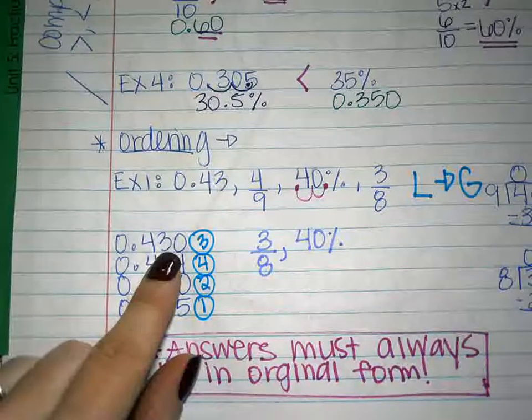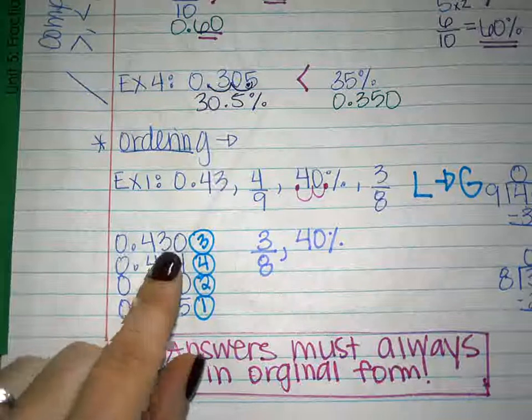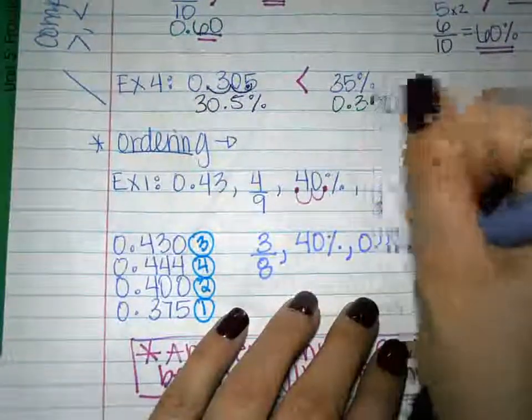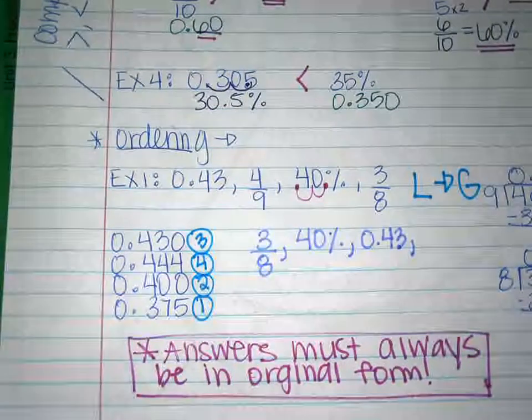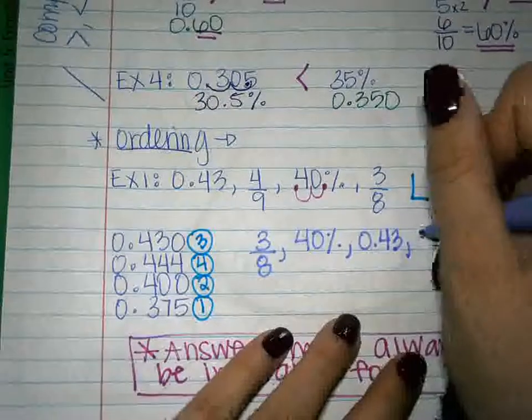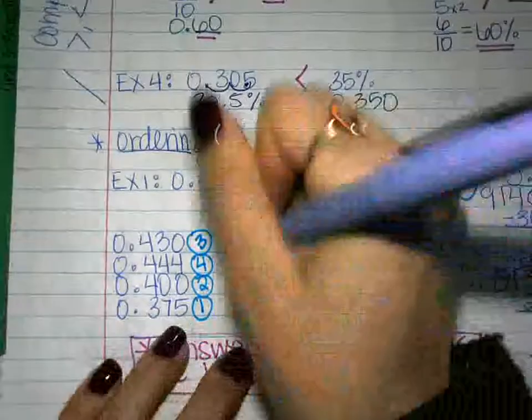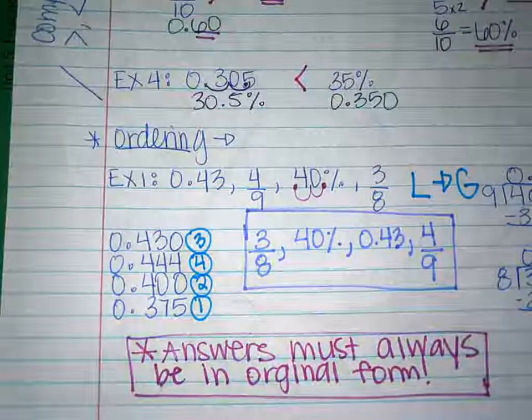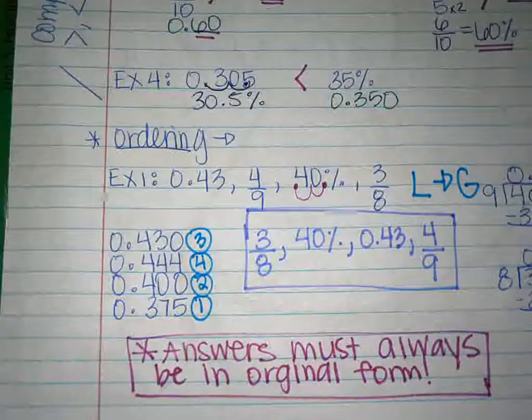Then I had 430. What was 430? That was the 0.43, that 43 hundredths. And then last but not least is 0.444, and that right there is my answer.